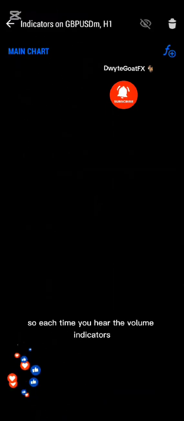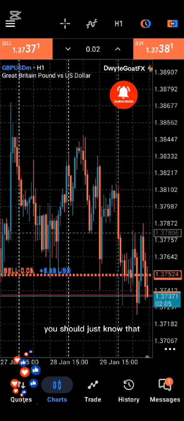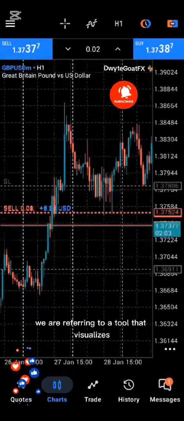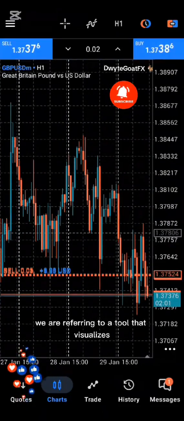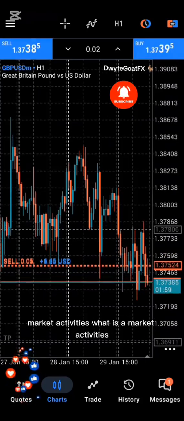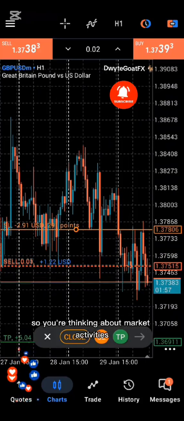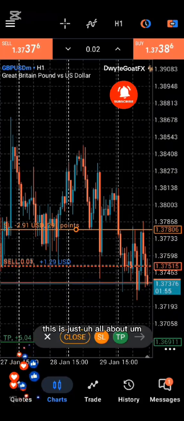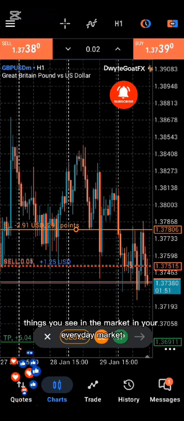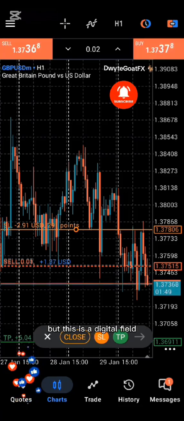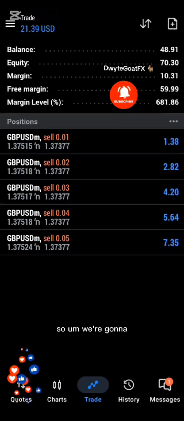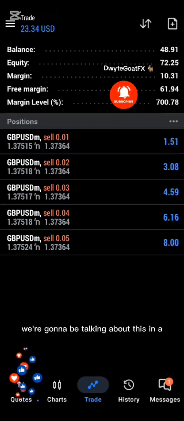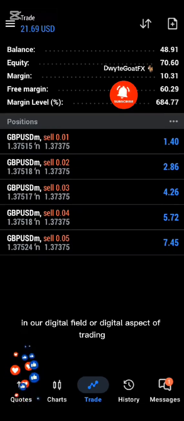So each time you hear the volume indicators, you should just know that we're referring to a tool that visualizes the market activities. What is a market activity? It's all about things you see in the market, in your everyday market, but this is a digital feed, so we're talking about the digital aspect of trading.